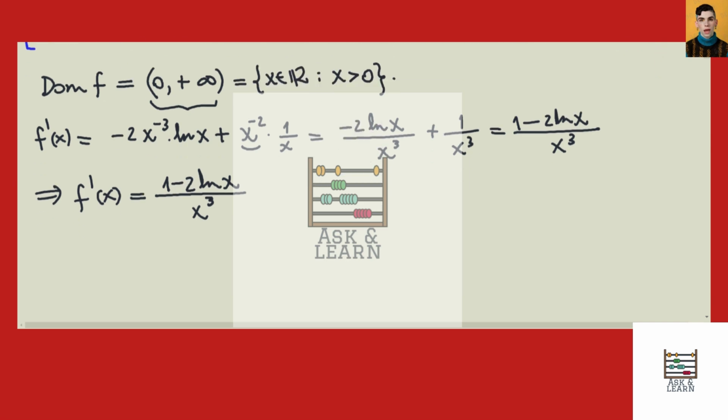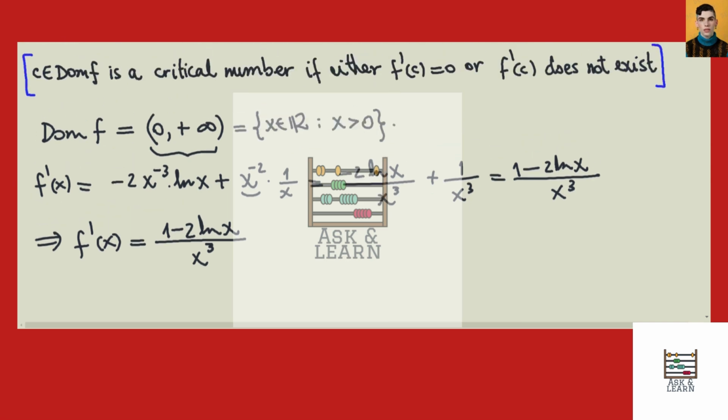And so, let's see if there are points in the domain where this derivative is not defined. In fact, we have again natural logarithm of x, which is defined for all positive numbers, and the division, the fraction, is possible when x is not 0. So the two conditions again, x is not 0, x is positive, give us that x must be positive, which includes already that x is not 0.